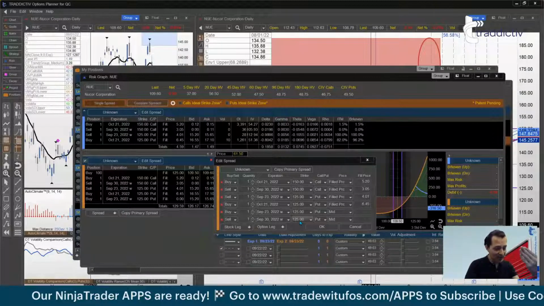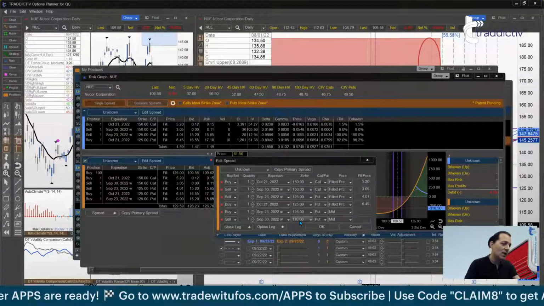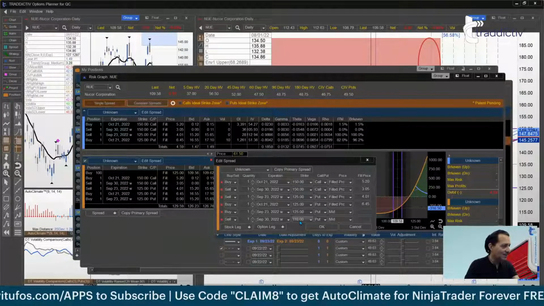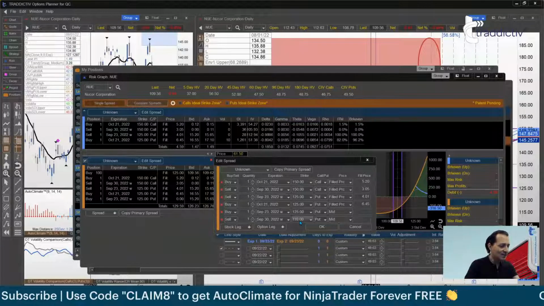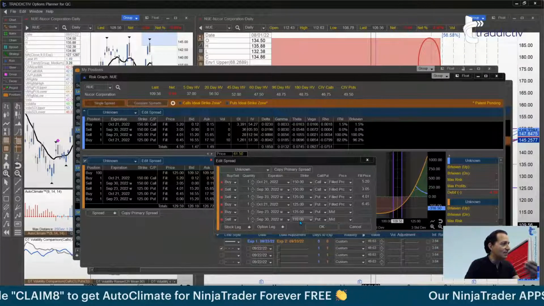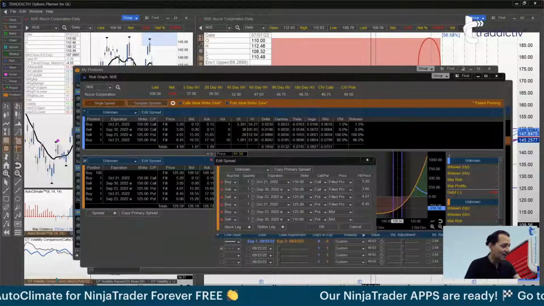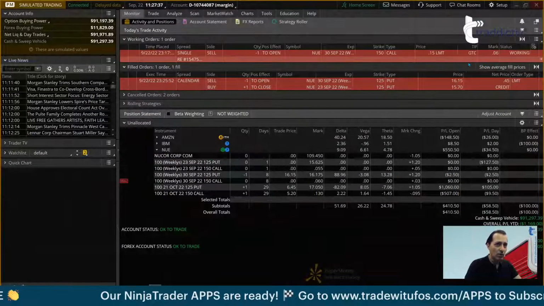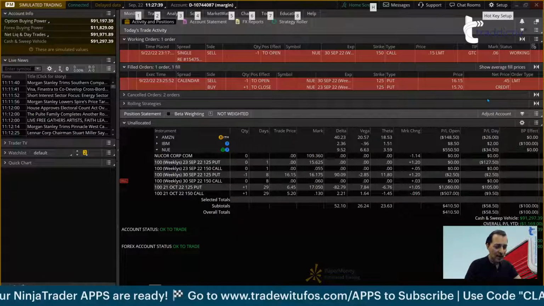Why? Because as the stock went down, what happens to the puts? As the stock goes down, the puts gain value. Does that make sense? So by doing that, you are basically going back to the same scenario that I have as I have been filled on my roll at 45 cents.